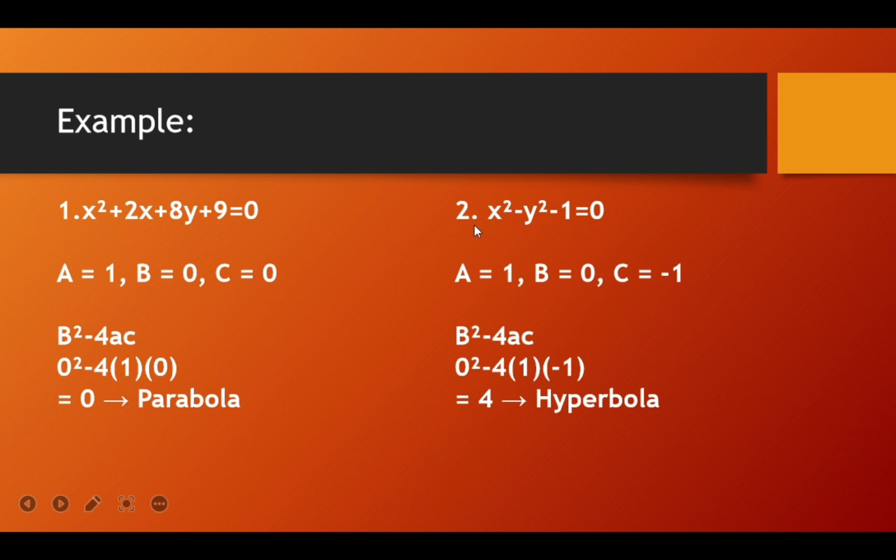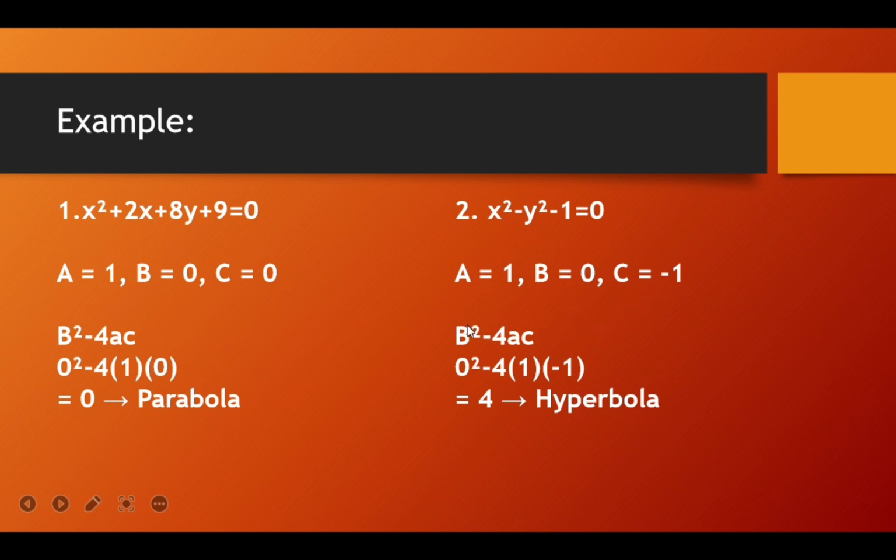Number 2, we have the given equation x squared minus y squared minus 1 is equal to 0. Identify the a, b, and c. So a is equal to 1, b is 0, and c is negative 1.